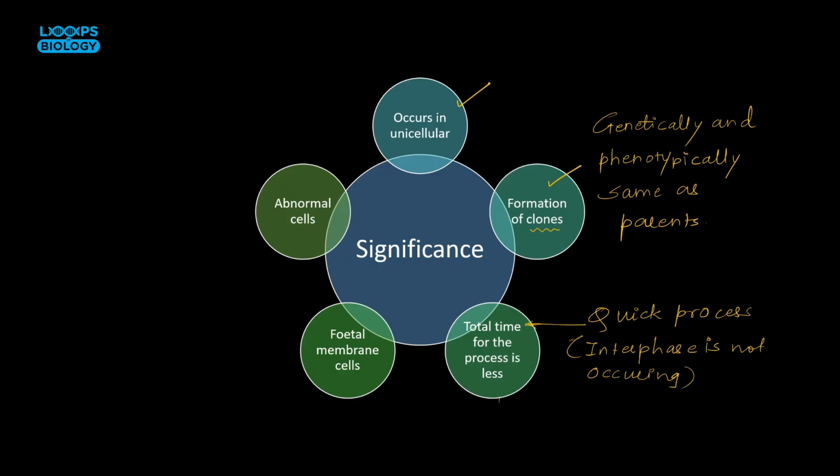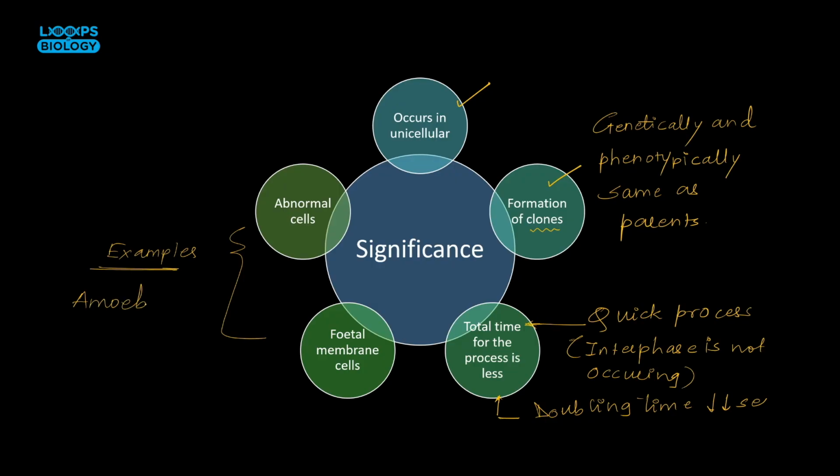Then you are going to see that doubling time for cell is very less. Alright, so doubling time is very less. Then this particular type of cell division can be seen inside a fetal membrane cell and abnormal cells. So these are basically one of the examples for your mitosis process along with your case of amoeba.